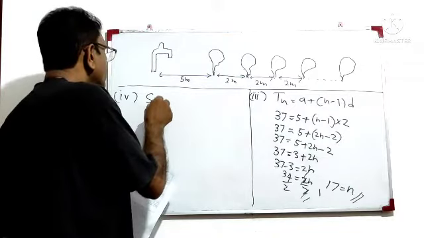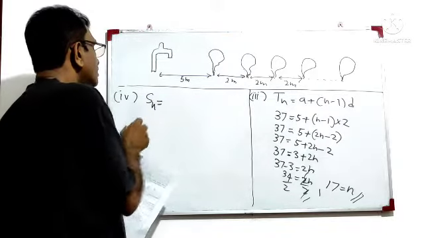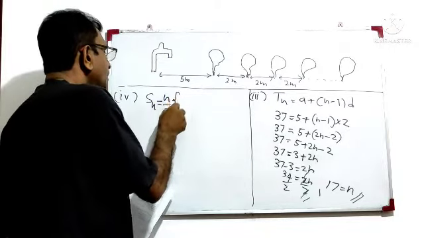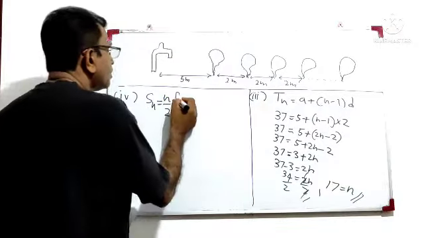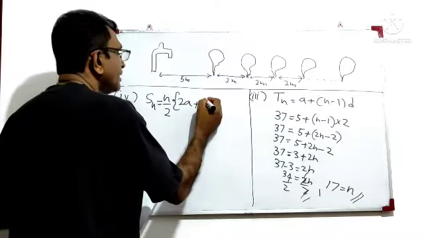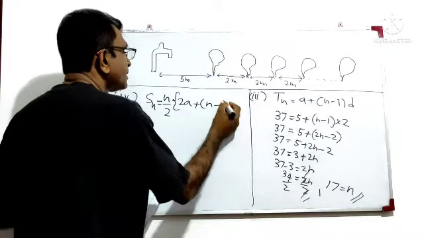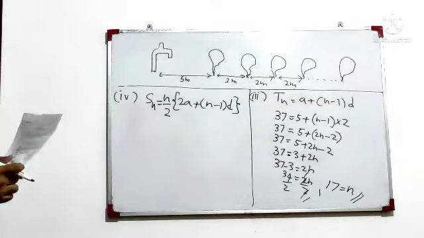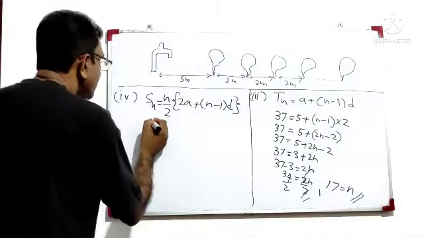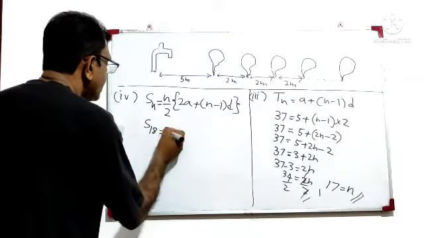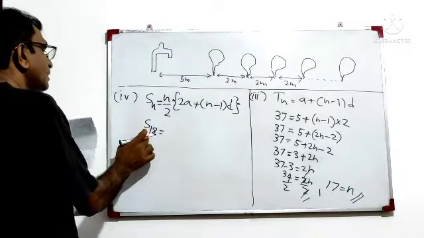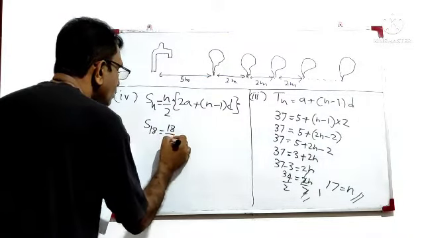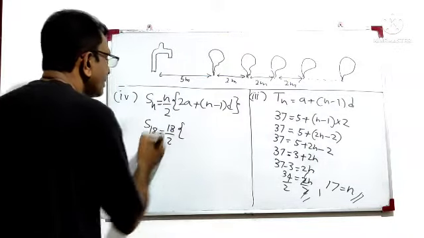Sn equals n over 2, open the curly brackets, 2a plus n minus 1 times d, close the brackets. Then S18, right? Then n equals 18. Then what is the value of n? 18. 18 over 2, right?